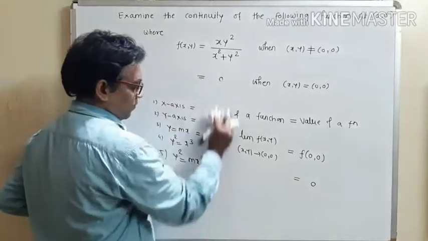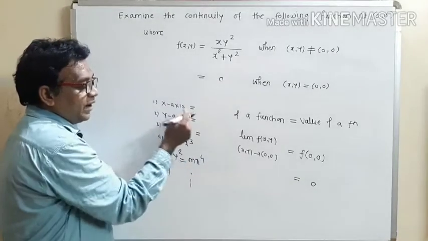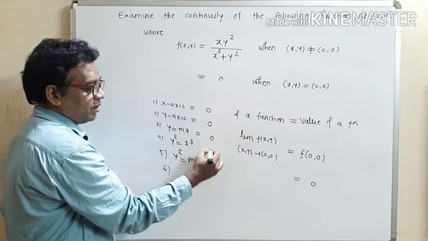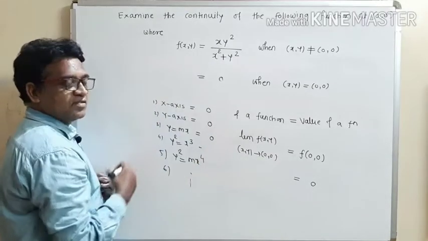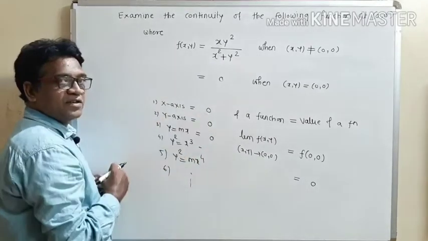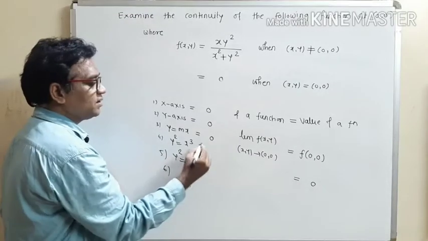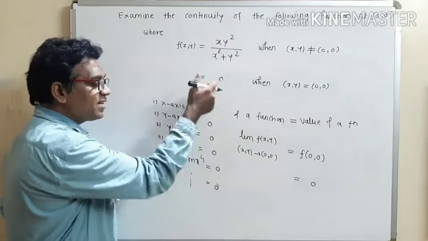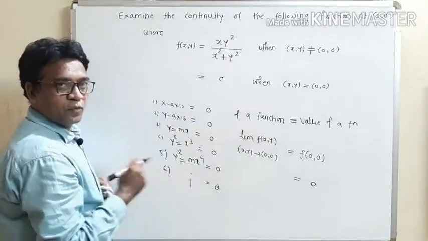Now see, if the limit along different paths is the same. Suppose the limit along the first path is 0, along the second path it is 0, along the third path it is 0, along the fourth path, fifth path. Suppose all these values are unique and it is 0.